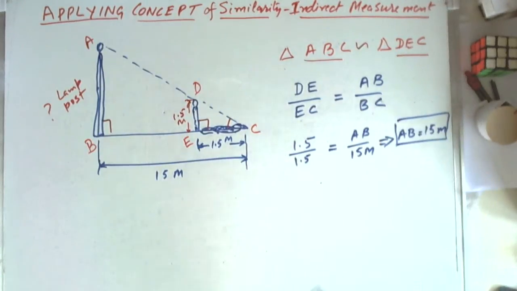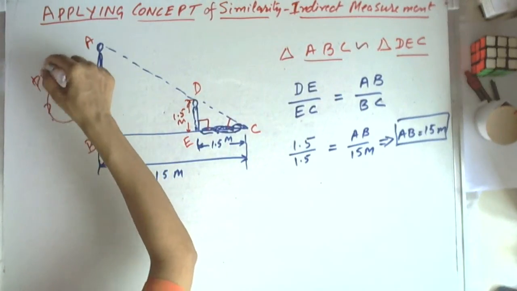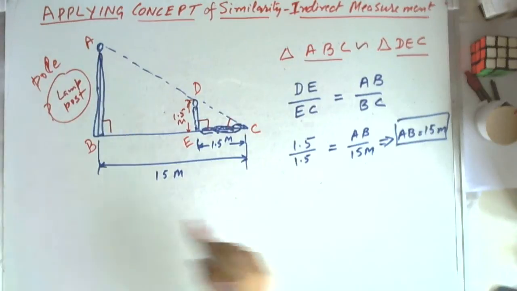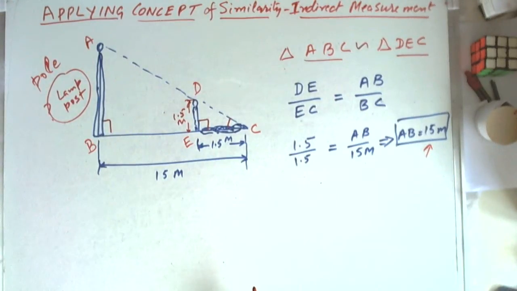So we have ascertained the value of AB, the height of this lamp post or pole. How have we done it? By indirect measurement, applying the concept of similarity. By applying the concept of similarity, we have been able to determine the height of the pole or the lamp post.